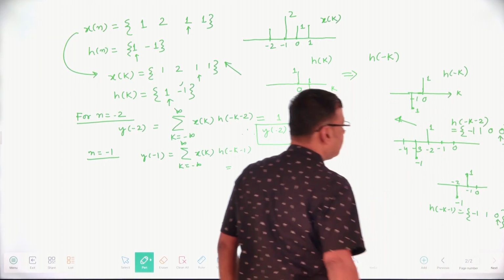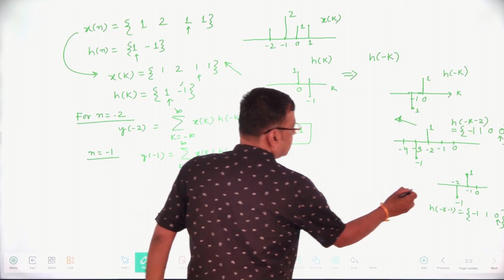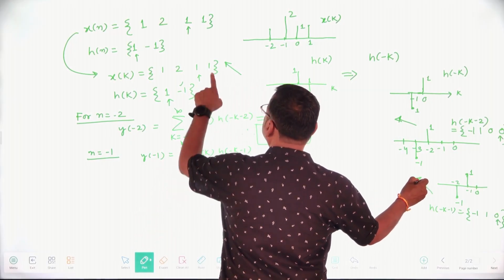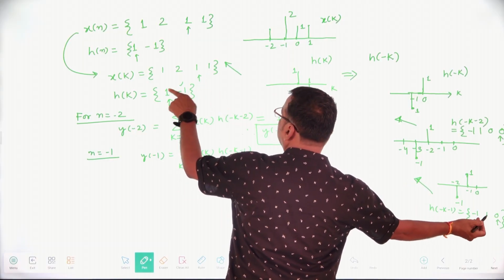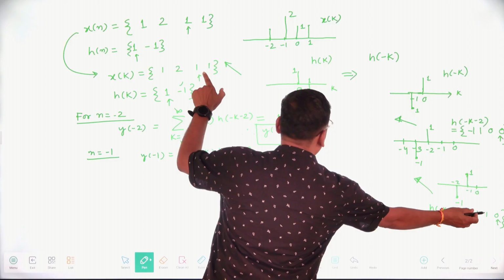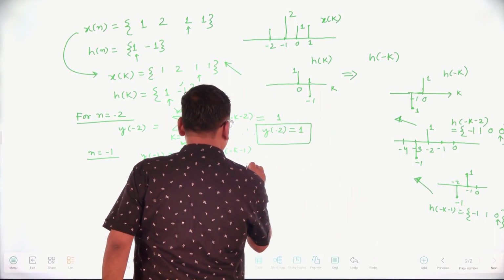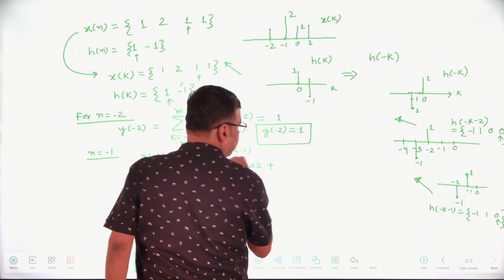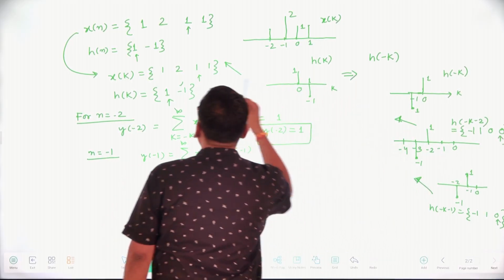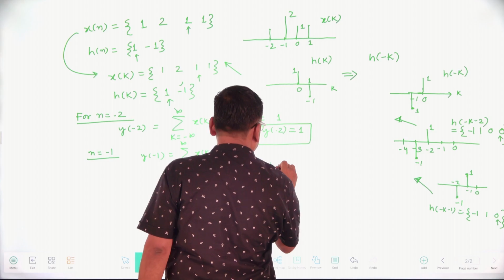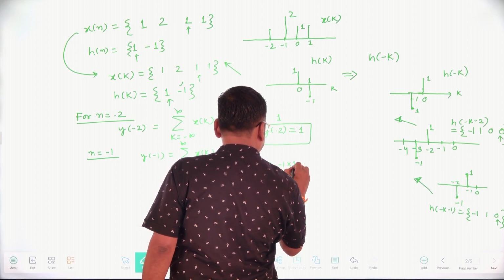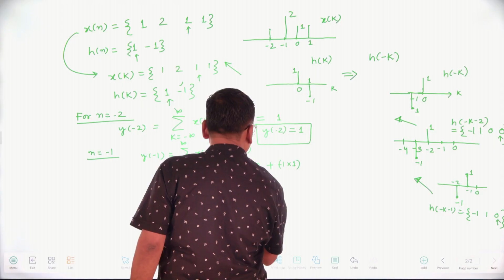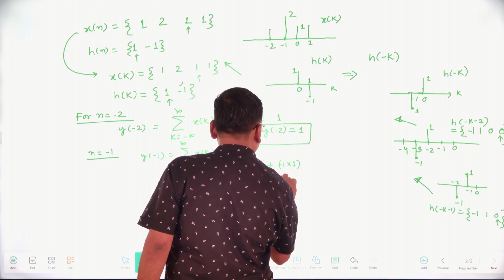You multiply this with this: 0 into 1 is 0, minus 1 into 1, then 1 into 2 is 2, plus minus 1 into 1, minus 1. That is 2 minus 1, that is 1.